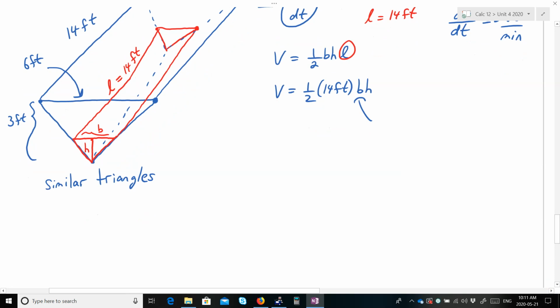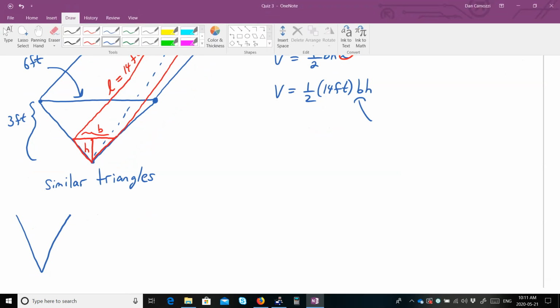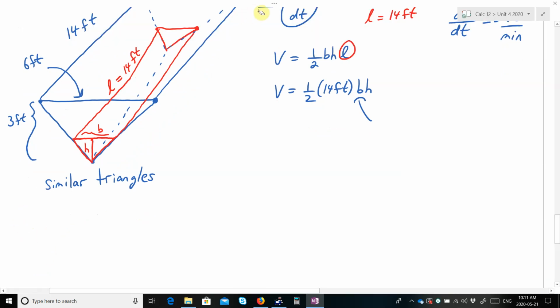Because you notice we've got the big blue triangle, which is 6 feet up here and 3 feet in height.